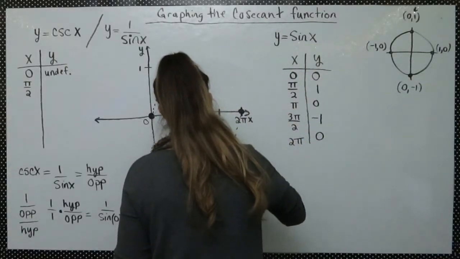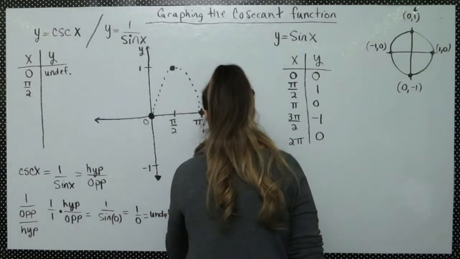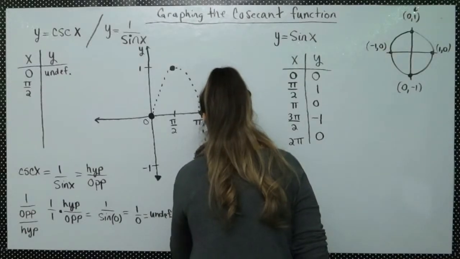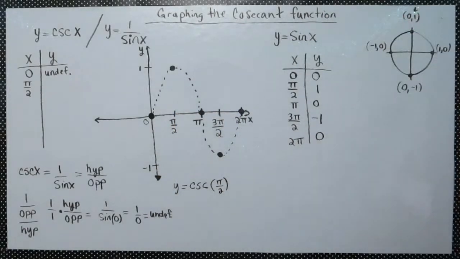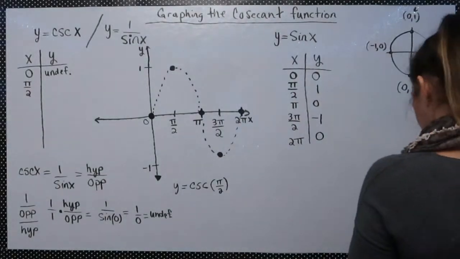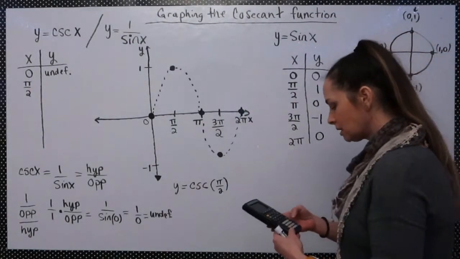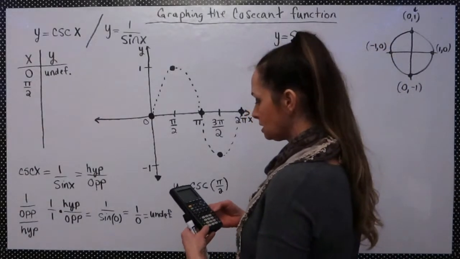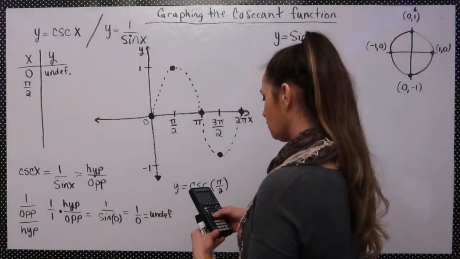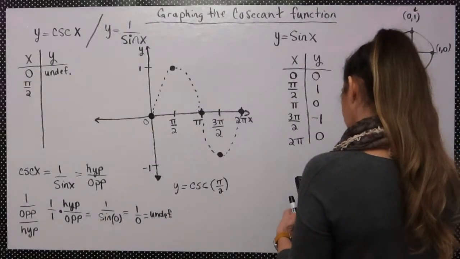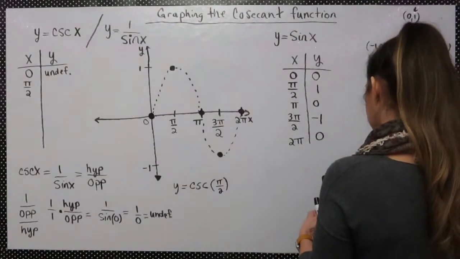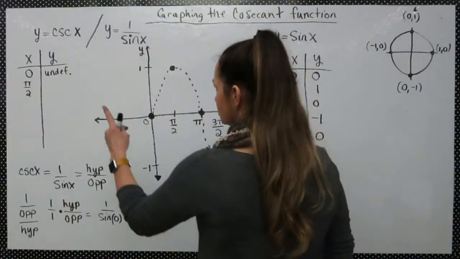So it's giving you a value in the range. So cosecant of pi over 2. And if you want to use your calculator to check these, you just take 1 over the sine function. Okay, it says cannot divide by 0 for the first one, so we're good.